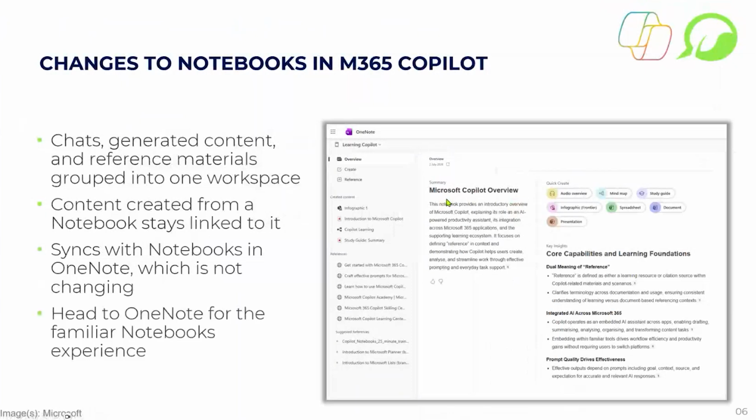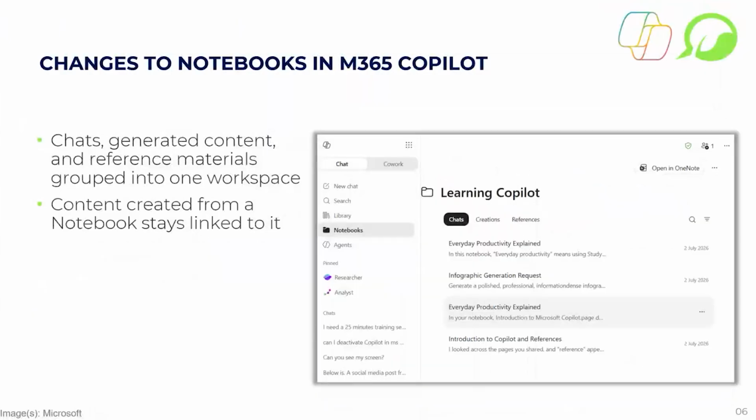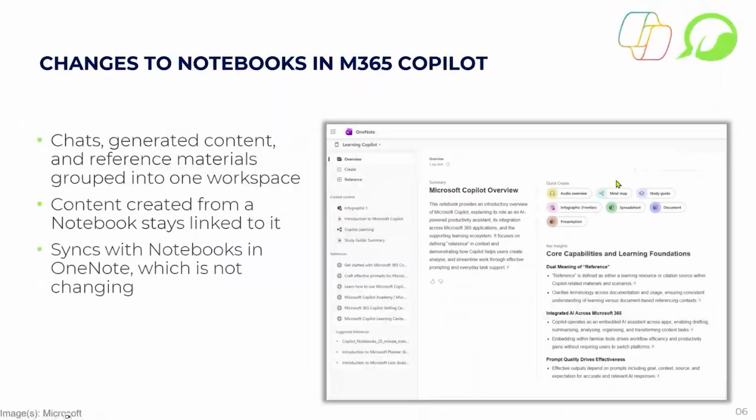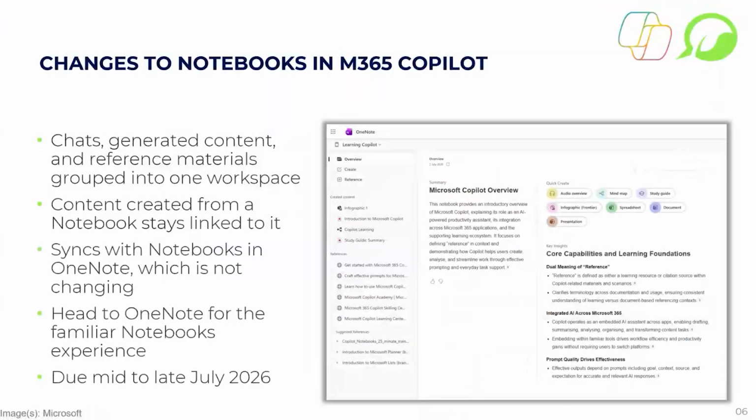So if you find that notebooks have become a little bit brief and you just get that overview, make sure that you look for this option, open in OneNote, and then you get that familiar experience that you're used to. That arrived at the end of the month. So go and have a look at that if you're struggling for where that's disappeared to.